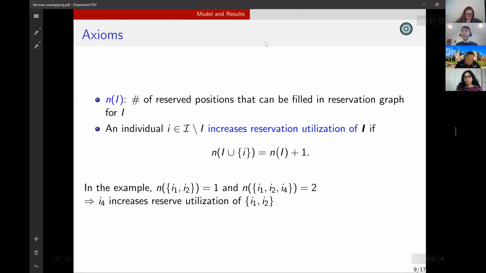Now, in order to introduce the properties that we're interested in, I will have to use the following. For any set of individuals I, we calculate the number of reserved positions that can be filled in the reservation graph for I. That number is going to be n of I. Okay. So for example, let's go back.